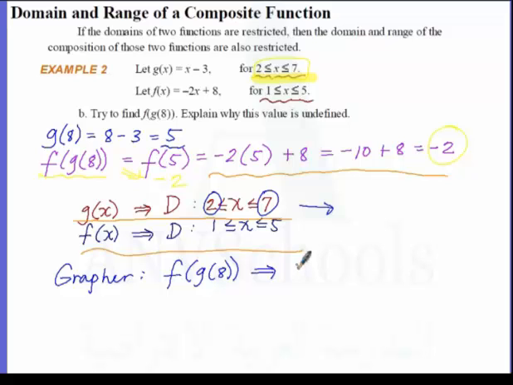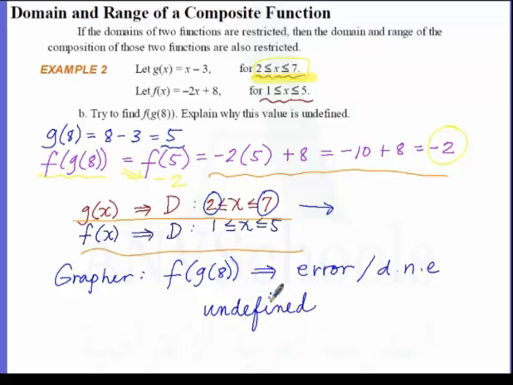Your grapher will just say it's an error or does not exist, DNE. And because it is an error, because in the first place our x equal to 8 is absent in the domain restriction for g of x, then our f of g of 8 is, of course, undefined.